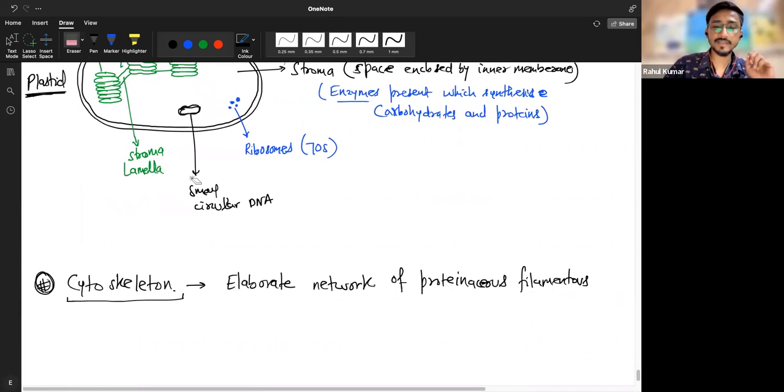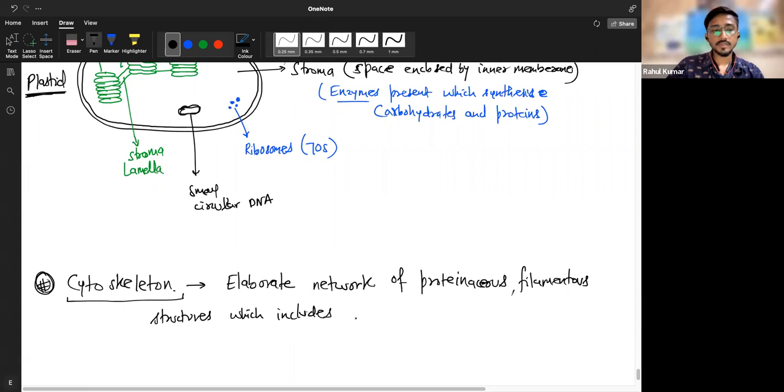So it is an elaborate network of proteinaceous filamentous structures. There are 3 types of cytoskeletal structures.